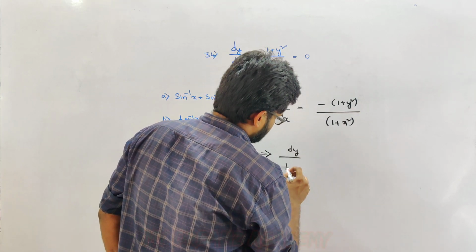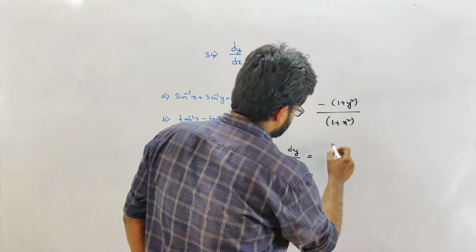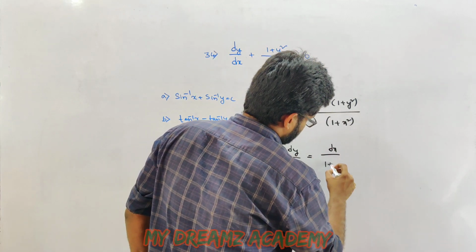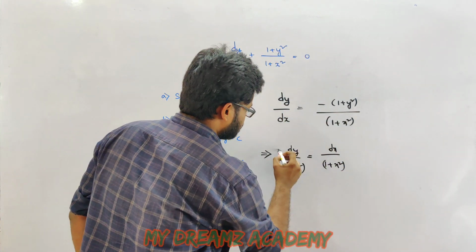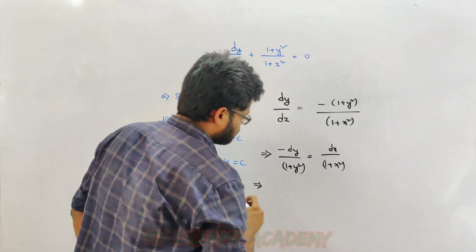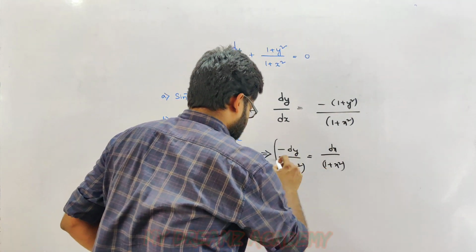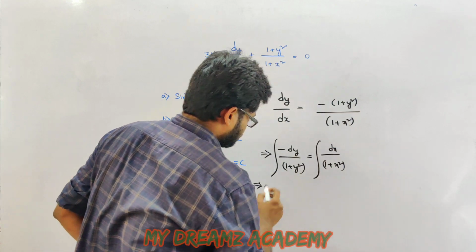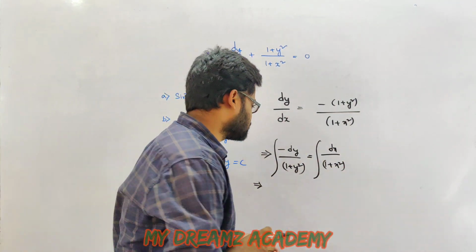dy by (1 plus y square) is equal to dx by (1 plus x square), and here we have minus, you put minus here. Integrate on both sides. This is the y coefficients and this is the x coefficients.